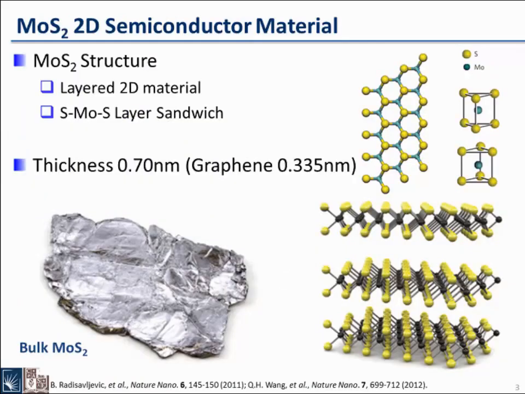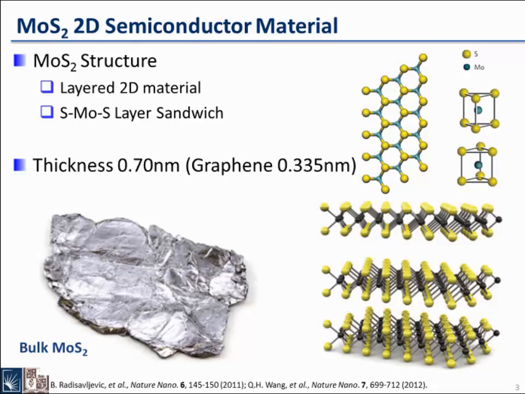So why were we interested in looking into atomic layer semiconductors or atomic layer crystals beyond graphene? Because graphene was a forerunner, but graphene does not have a band gap. So in these beyond-graphene semiconducting crystals, the interesting thing we want to remind you here is they are layered 2D materials.